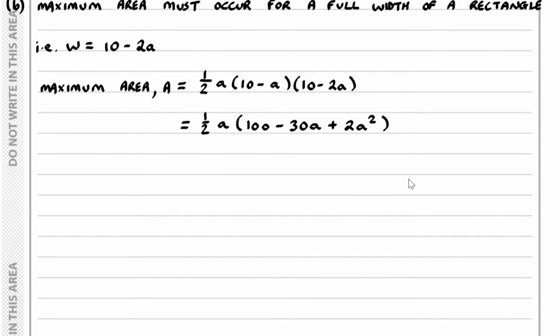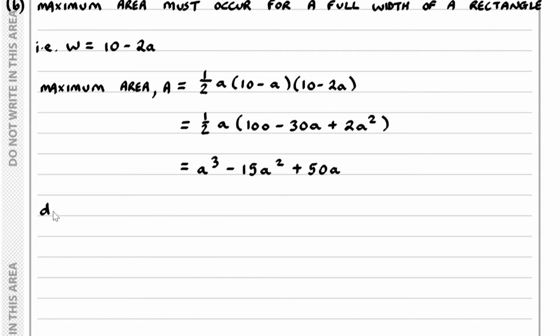So if we work all of this out, we would end up with a cubed minus 15a squared plus 50a. And because we want to find the value of a for which we have a maximum, we need to differentiate.